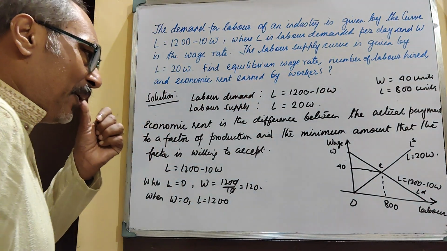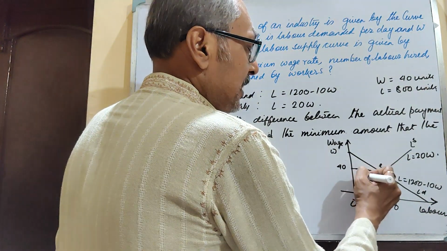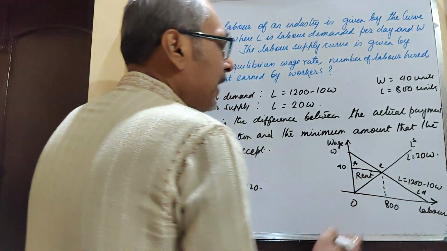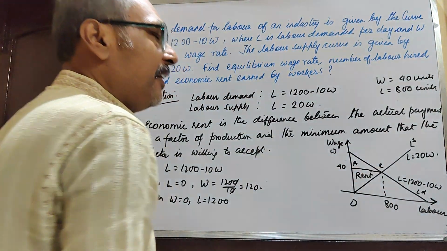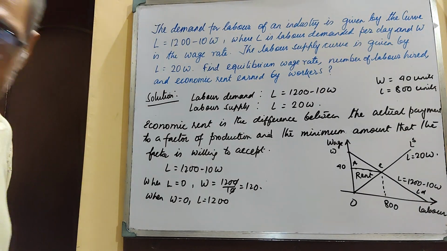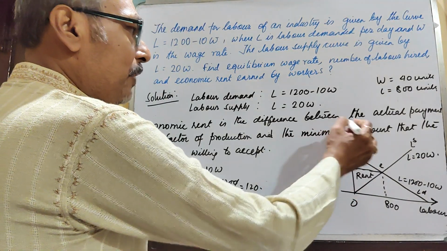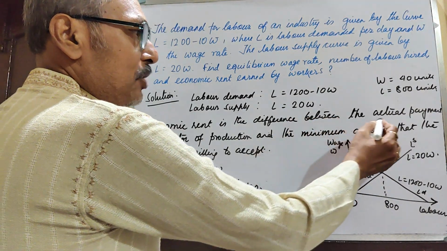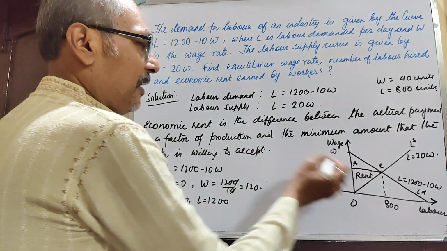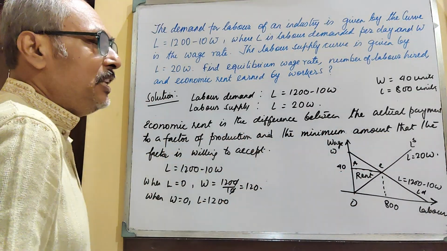Now what is the economic rent? Economic rent is this portion, OAE. That area of the triangle OAE is the economic rent. Economic rent is the difference between the actual payment to the factor of production, that is the 40, and the minimum amount that the factor is willing to accept.